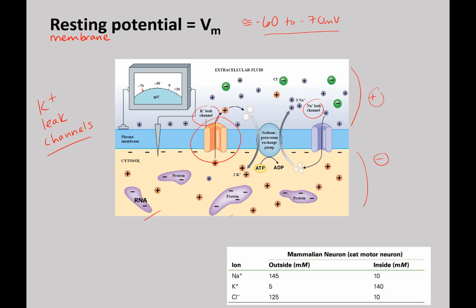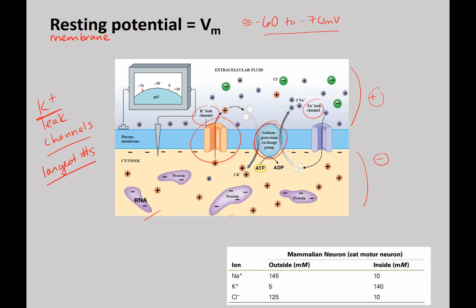They're specific for the ion that passes through them, but the ion moves based on diffusion. So leak channels: always open, ions are moving based on diffusion. The reason that the potassium leak channels are so influential is because they are in the largest numbers. There are lots and lots of potassium leak channels, and fewer sodium leak channels.